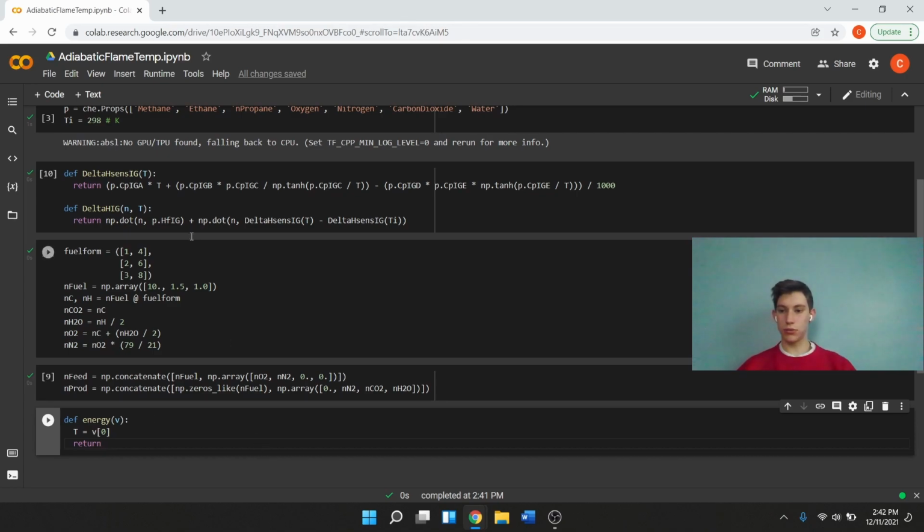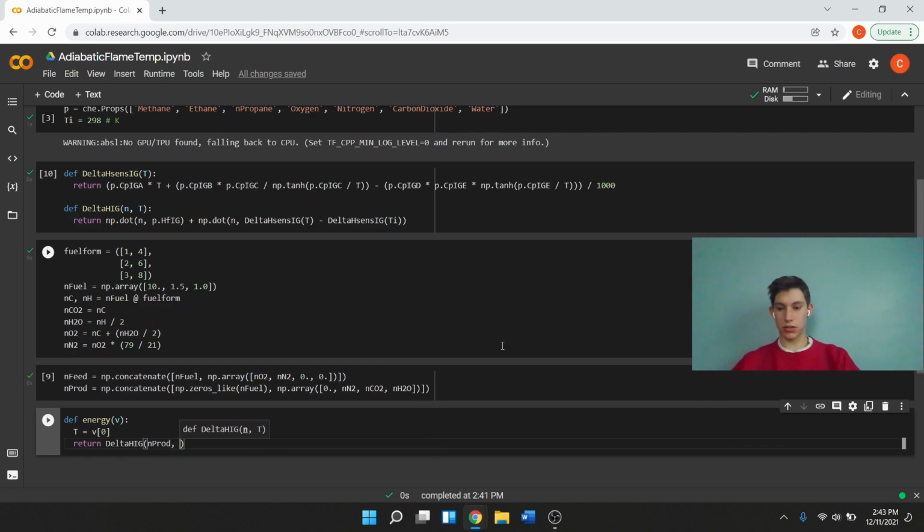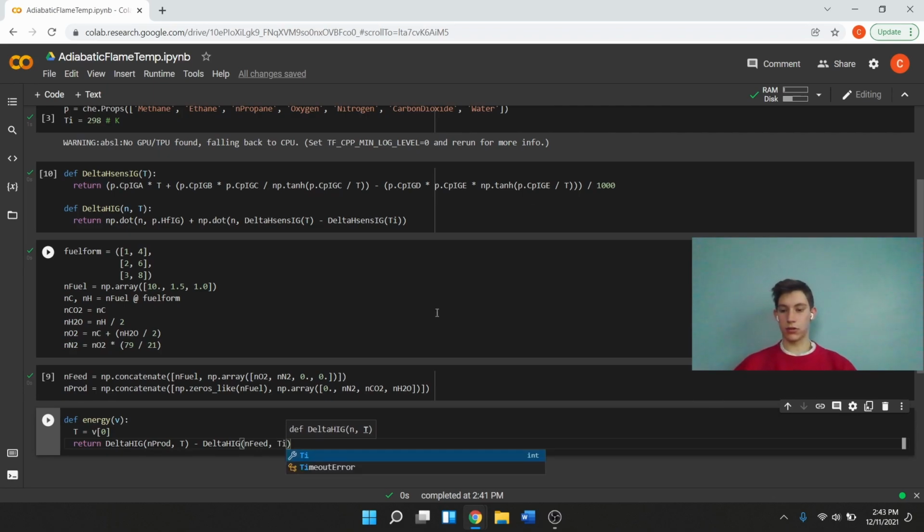So we're going to use this equation up here to subtract the products essentially from the feed. So the moles of the products is related to the final temperature, and the moles of the feed is related to the initial temperature.